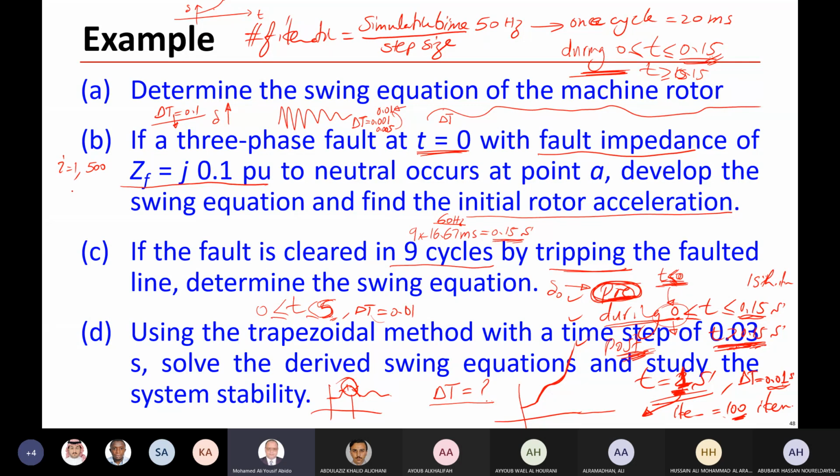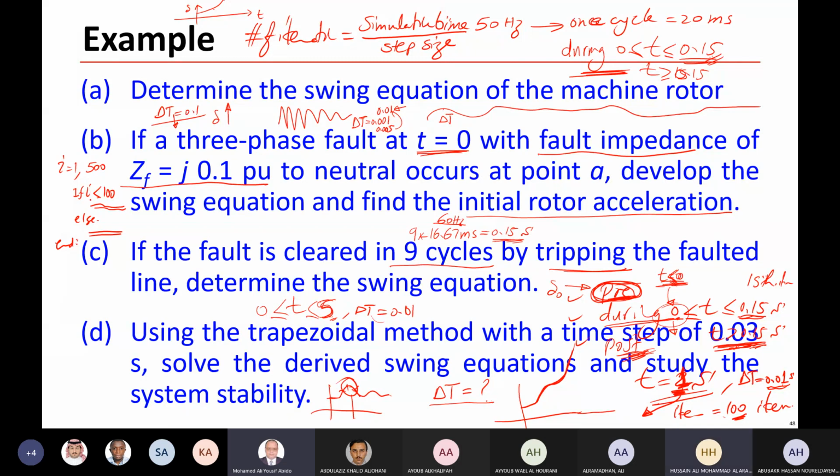Now if I say, if I is less than 100, meaning up to 1 second, this is the swing equation that we will solve. Else, this is the swing equation that we will solve. So this is the for loop here to solve the swing equations.